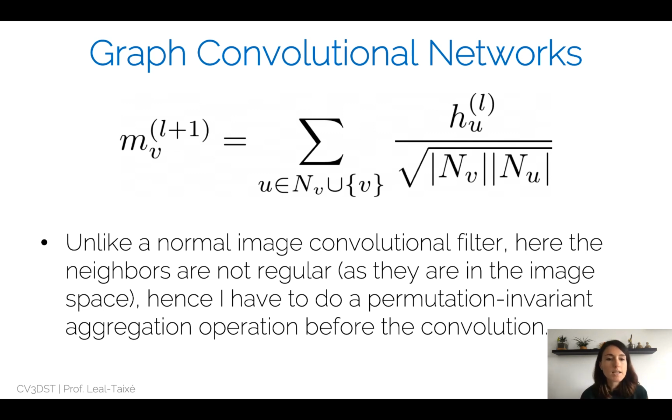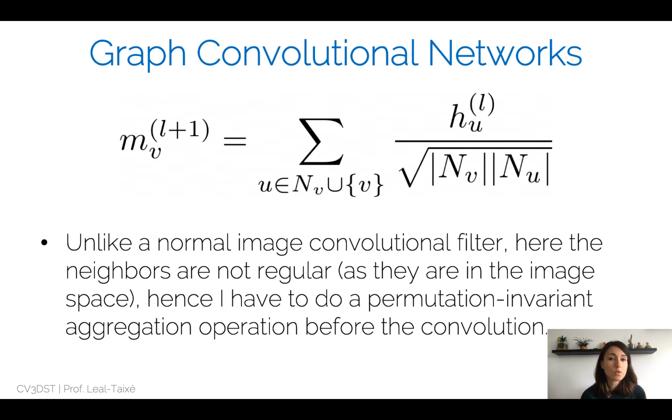But here the trick is that unlike a normal image convolutional filter, the neighbors are, again, not regular. The image space is regular, so we can define convolutions that are, for example, 3 by 3, and we know that we will be able to apply them all over the image. But here we don't know how many connections a node has.